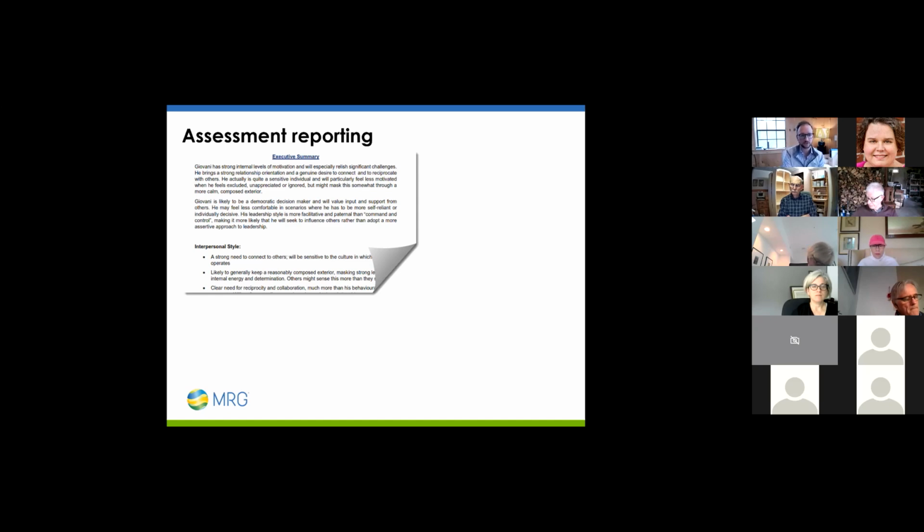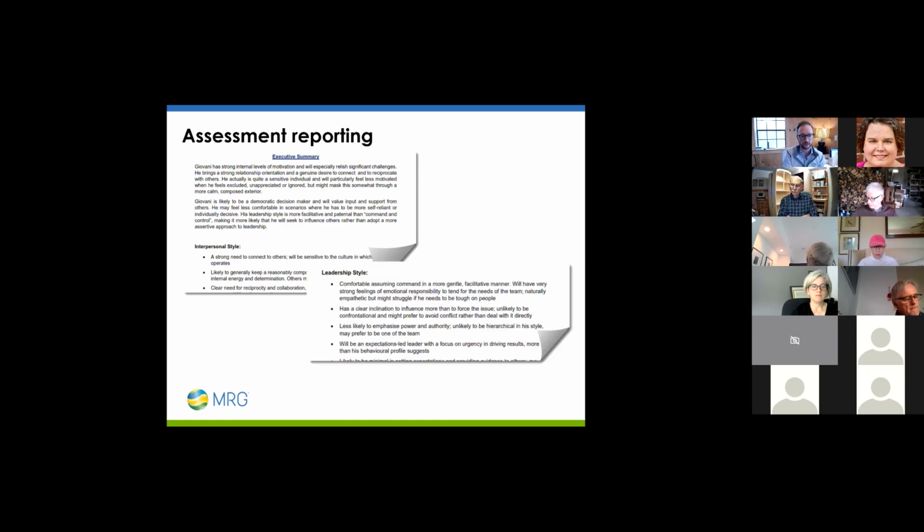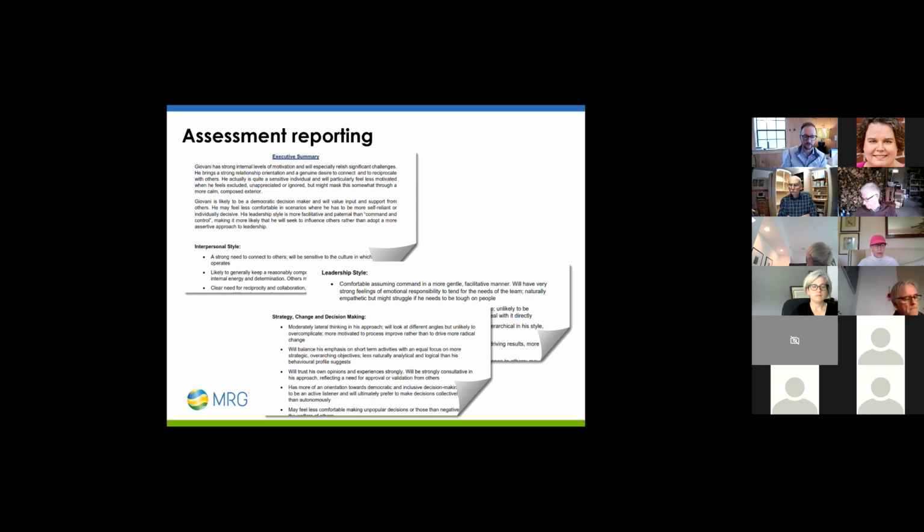And then we break it into a few different sections that we find helpful in terms of interpersonal style, leadership style, and then strategy, change and decision making. Again, this is really personal preference in terms of the sections that we've talked about here.